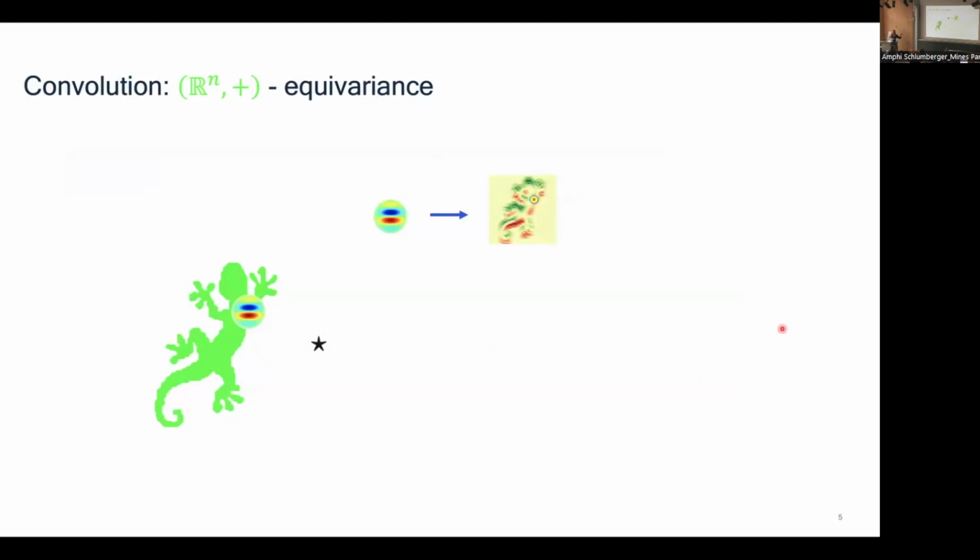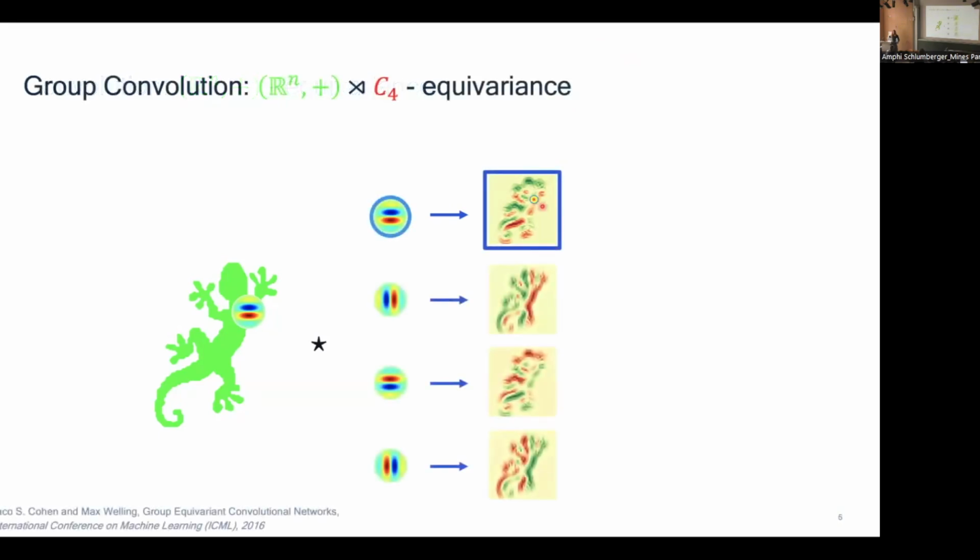So what is convolution? In a convolution, we take our image, like this lizard, and one learnable filter, and then we apply this filter at different locations of the image to generate a new image. For each location where we place our filter, we get a new response, and therefore this output image. The idea of a group convolution basically generalizes this by not only using translations, but other operations like rotations.